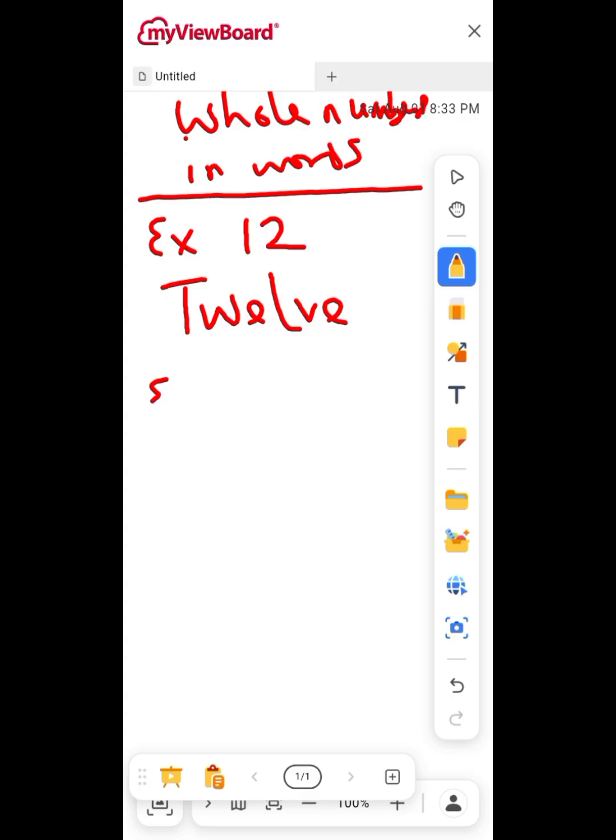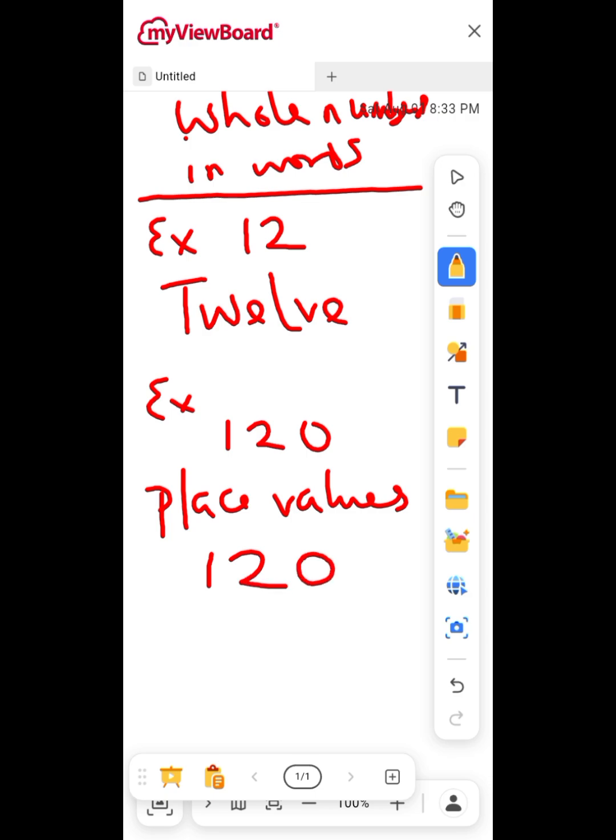Okay, let us progress to the next. Let's say we have 120, and we are asked to write this in words. But I'm going to teach you a trick for getting your numbers, and that trick is called place values. You put place values on your numbers. For 120, what is our first place value?